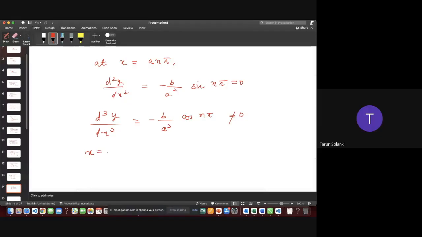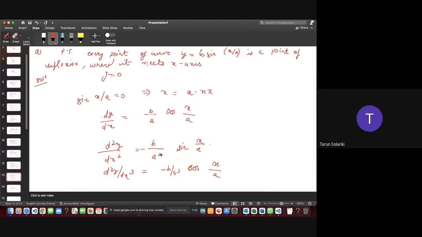So x is equal to a n pi is the point of inflection of the curve. This is the point where the curve meets the x-axis. Okay, so copy this.